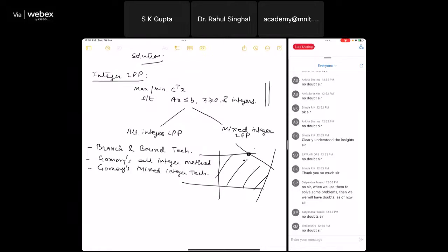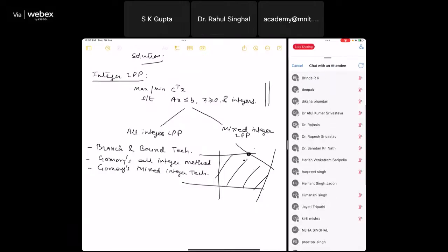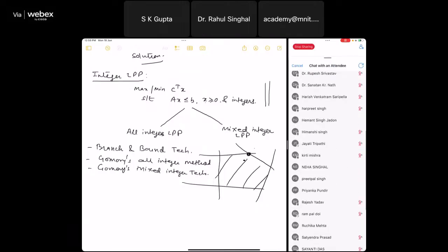When do we have a case of infeasible solution in the simplex method? Yes. Okay, let us see. Rajesh Yadav, are you there?